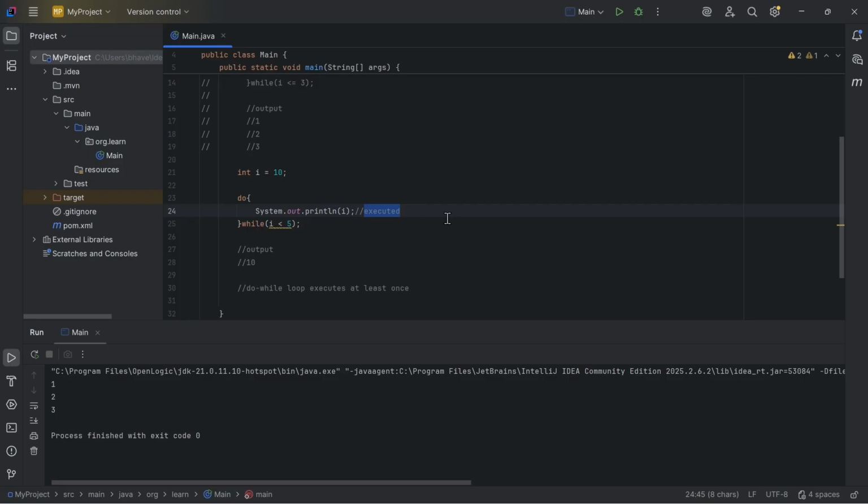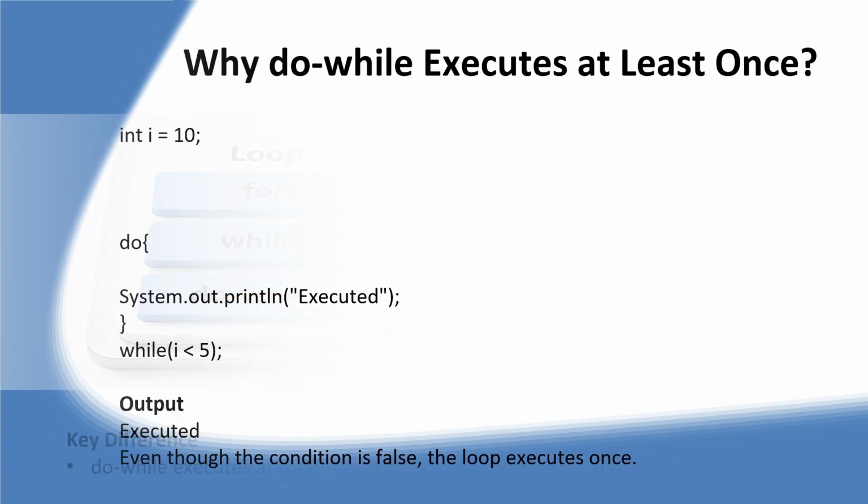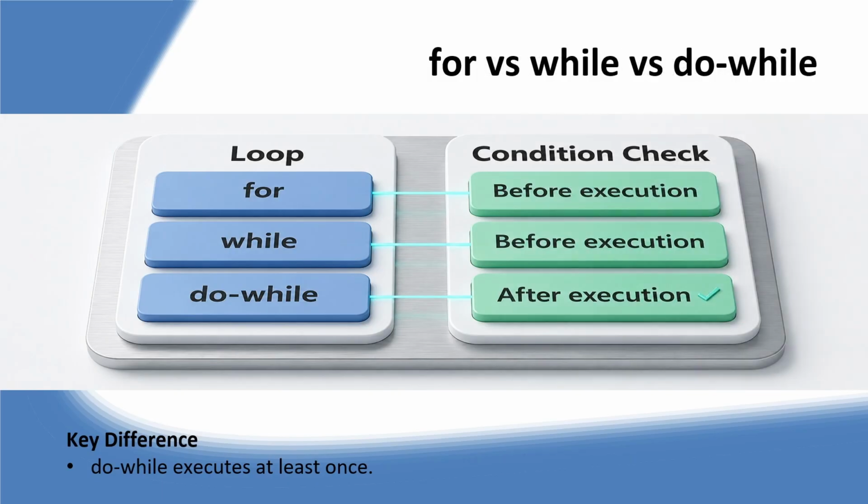So let's see the difference between for loop, while loop, and do while loop.